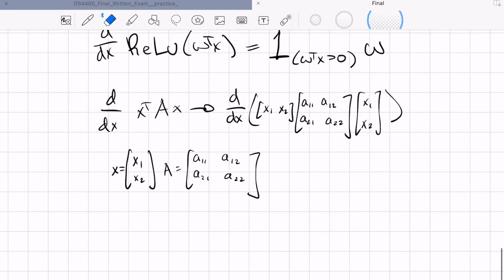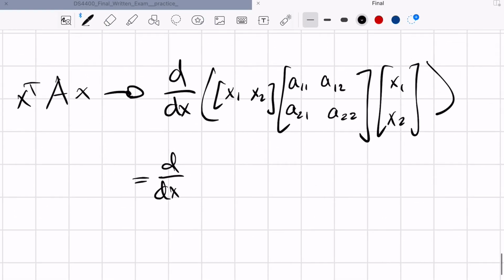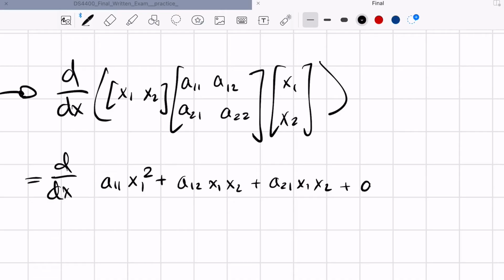I'm going to skip a few steps and just write out what this simplifies to. This is equal to d/dx of a11 x1 squared plus a12 x1 x2 plus a21 x1 x2 plus a22 x2 squared.